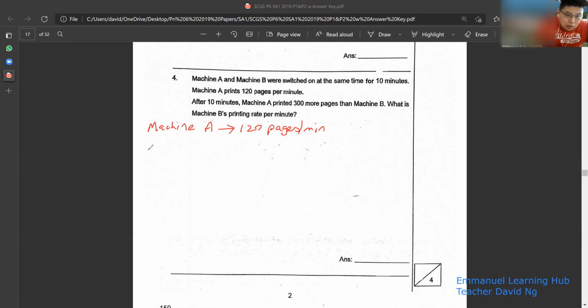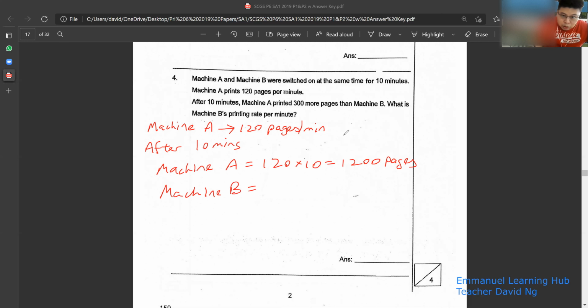So after 10 minutes, machine A will print 120 times 10, 1,200 pages. Machine A prints 300 more than machine B, right?